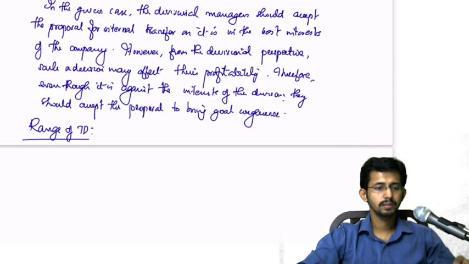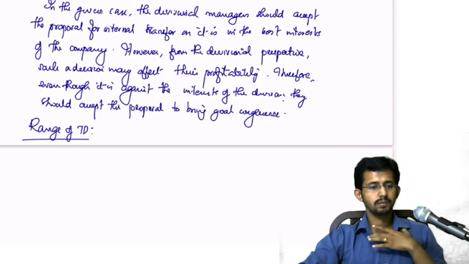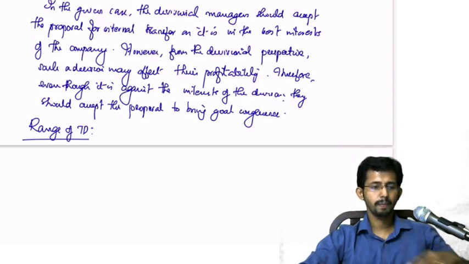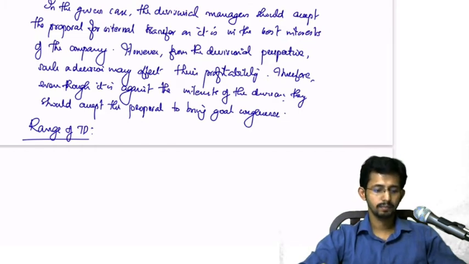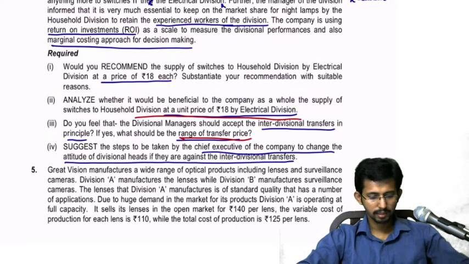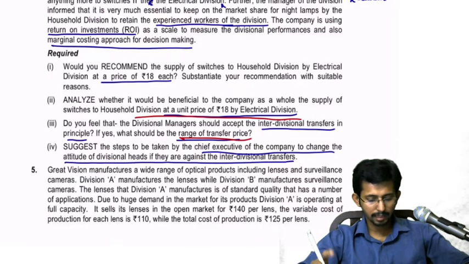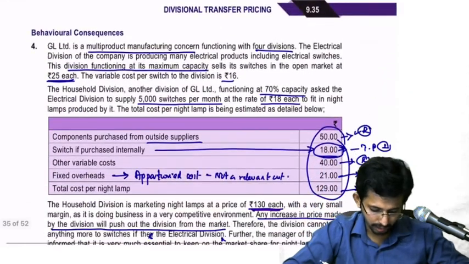However, division household will not be able to pay anything more than how much? What will be the ability to pay of this division?